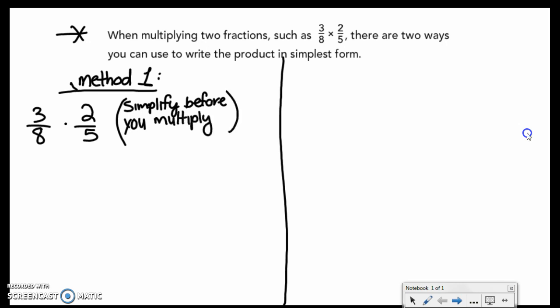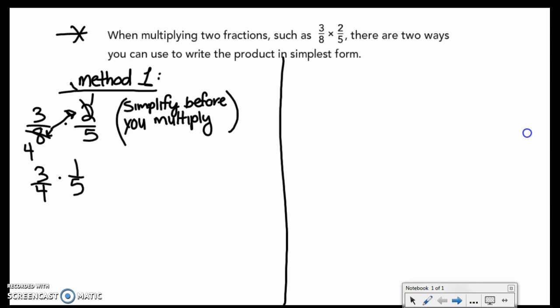Okay, simplify before you multiply. So, two numbers that can go into each other would be 8 and 2. 2 can go into 8 4 times, because 4 times 2 is 8. And 2 can go into itself 1 time. So now our fraction has been simplified to 3/4 times 1/5.